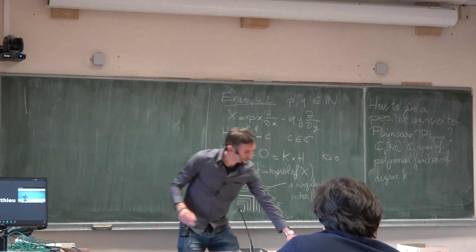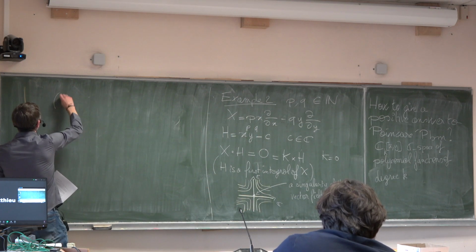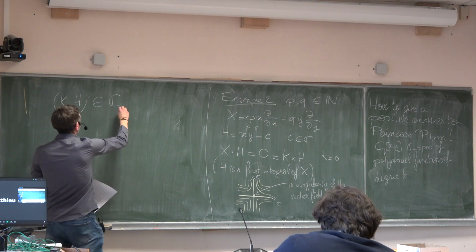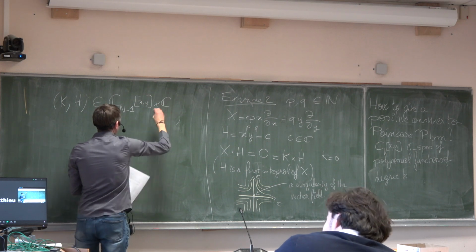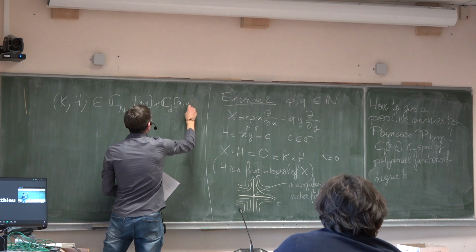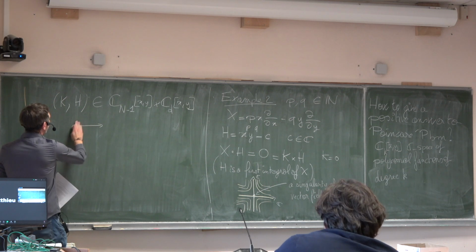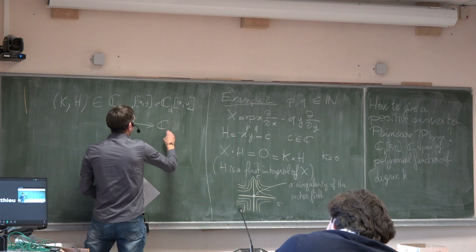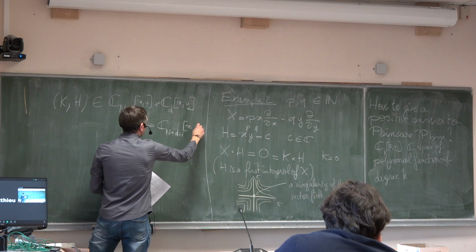You start with (k, h) that belongs to C_{n-1}[x,y] times C_d[x,y], and the range of this linear map is C_{n+d-1}[x,y].